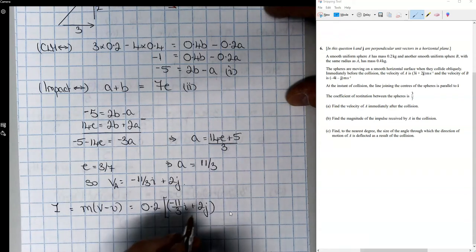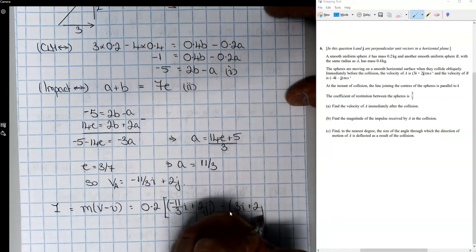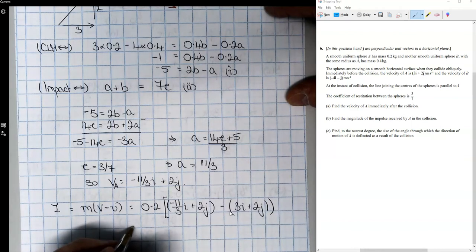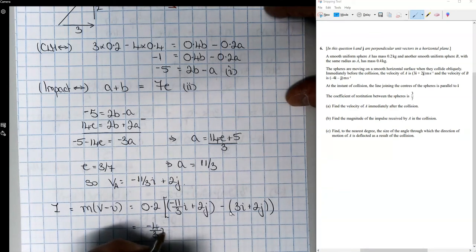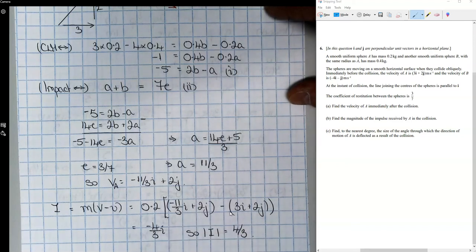It's either impulse received or impulse given, depends on how we're phrasing this, but so that comes out to be 0.2 times minus 20, so it's minus 4 over 3 i. So the magnitude of the impulse equals 4 over 3. Okay, that's the impulse received by A.